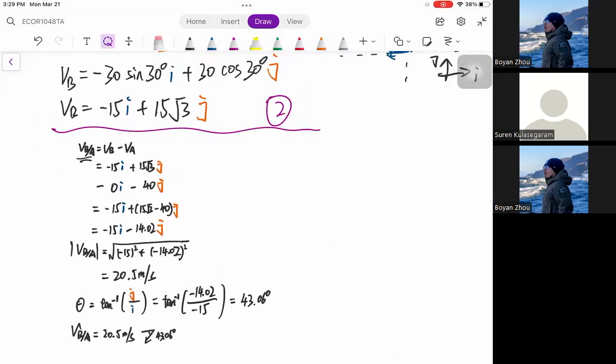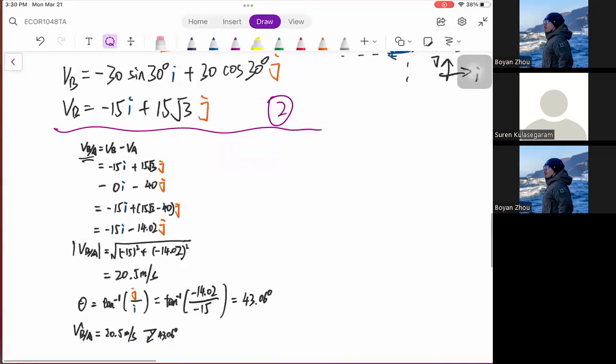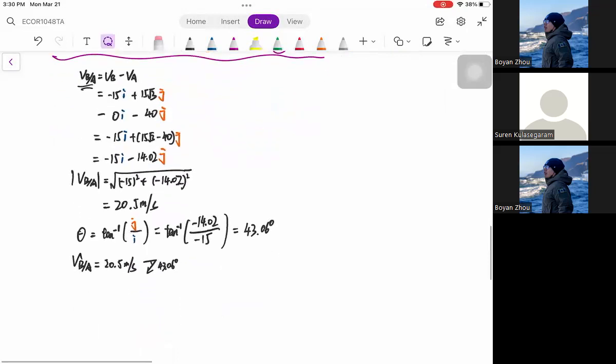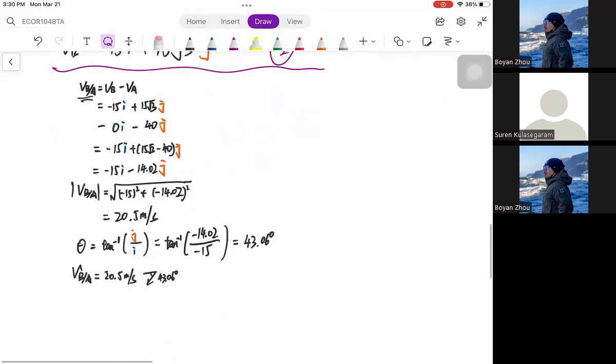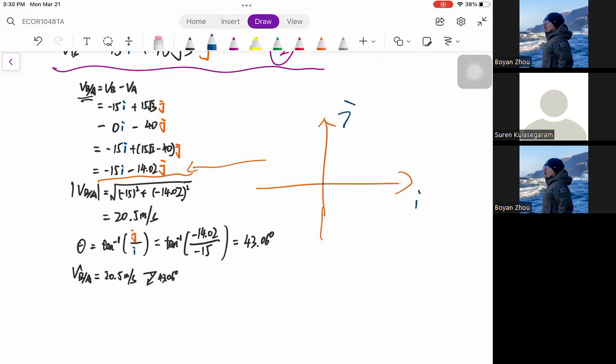So that is the procedure to find the relative velocity. And for the acceleration, the idea is the same, but we just need to consider, yes? For the direction, is it always J over I? Yeah. Or if you're not sure about the direction, you can just draw this one on the coordinate system. In the I direction, it's a negative value, so it's like -15, approximately gonna be here.